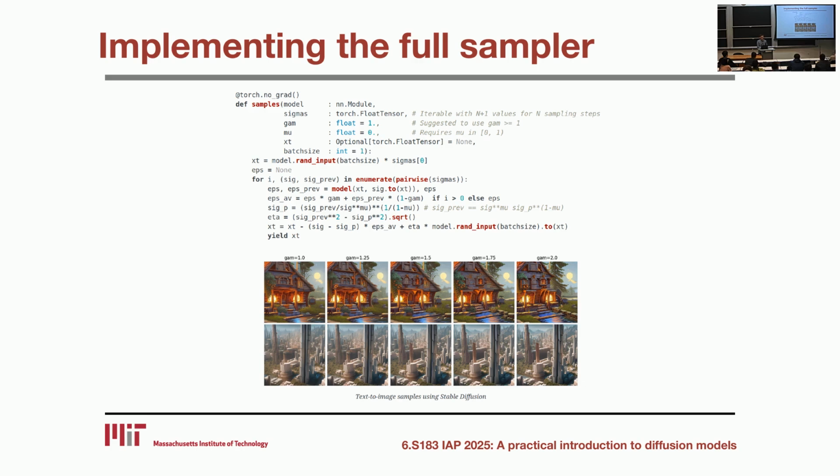Sampling can take a long time, especially for large models, so you don't want to use too many steps, right? Typically, 10 to 50 steps are what you use. And if you increase gamma, usually you can get similar results with a smaller number of steps. Mu here is the noise level that you add in probabilistic sampling.